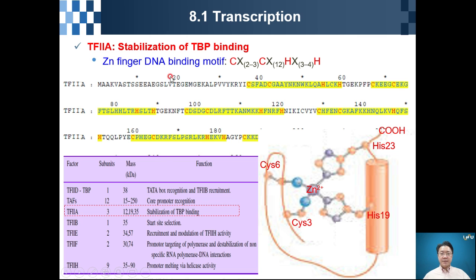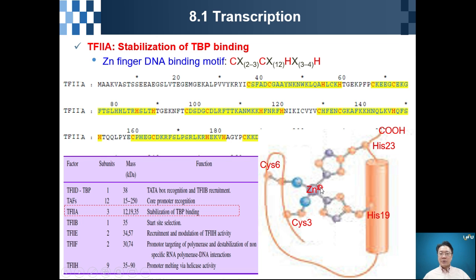If you see the zinc finger DNA binding motif in the structure, for example, this is cysteine, so it has sulfur and hydrogen. After that they also have histidine, so this is the nitrogen, and in the center there is the zinc.